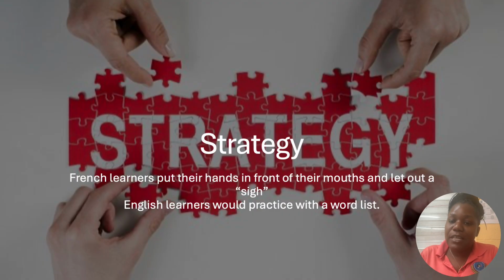If they notice there is no breathy airflow, then they know they would have incorrectly pronounced it. Versus an English speaker, a strategy for me would be to simply give them words where the H is silent. They would get a word list and they would repetitively practice it until they feel confident enough to not pronounce the letter H in French.